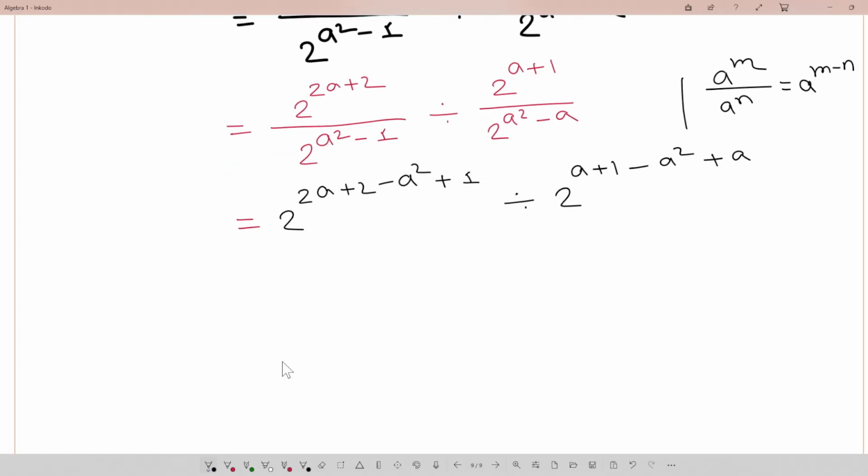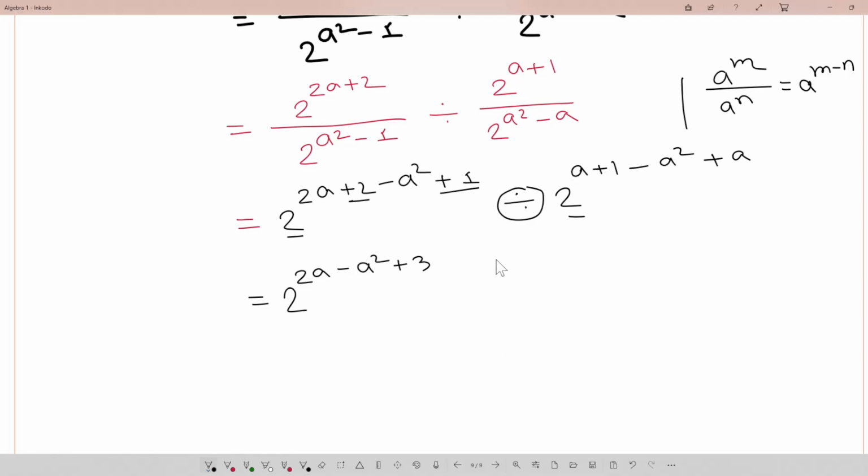Okay, then again here is a division sign and bases are same, so we can subtract again. It means 2 to the power 2a minus a square, plus 1 and plus 2 and plus 1, we can write plus 3.